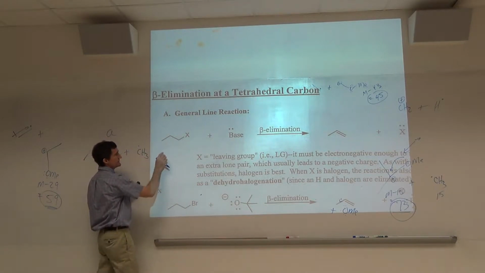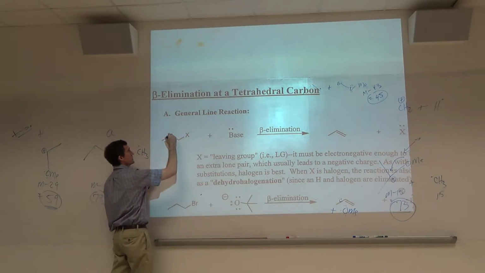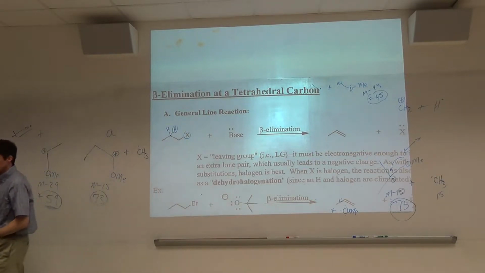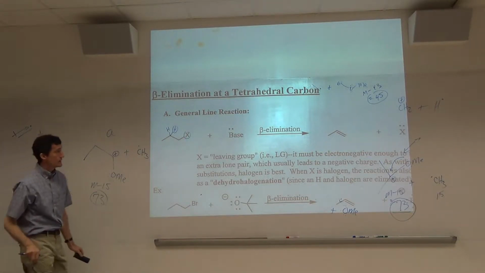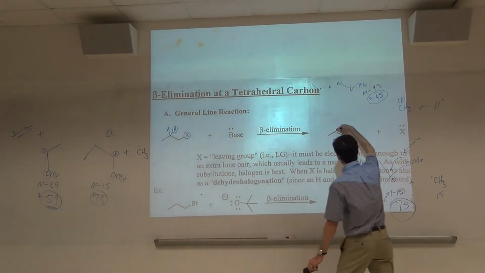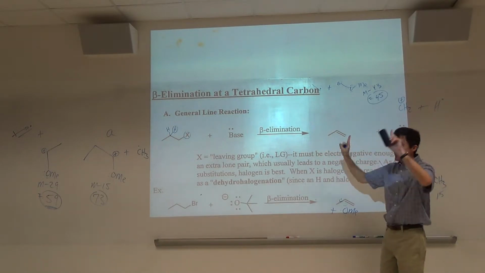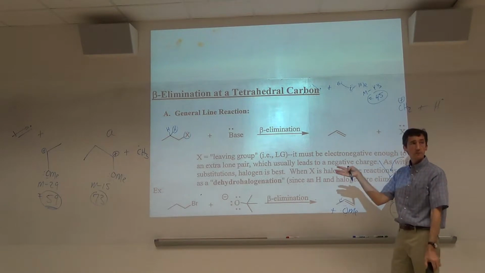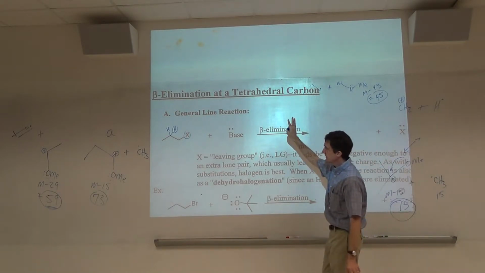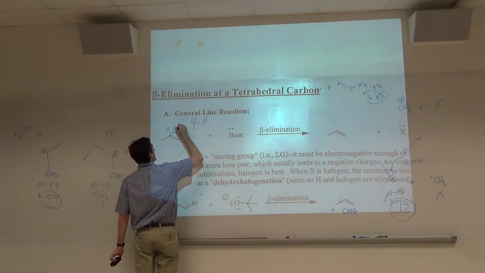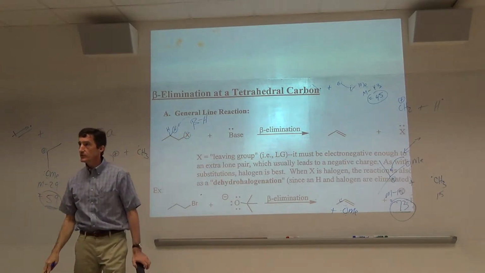You eliminate the leaving group, but also one of the hydrogens. Because there's one remaining hydrogen. We just removed one. We also removed the leaving group. And when you remove those two, you end up with a pi bond between the two carbons. Why is it called beta elimination? Because the H that's eliminated is on the beta carbon.